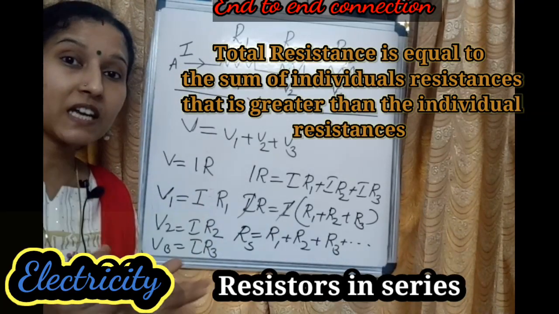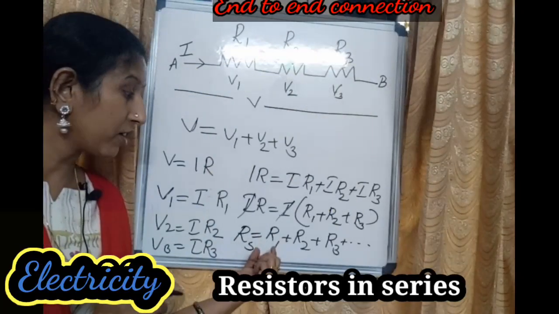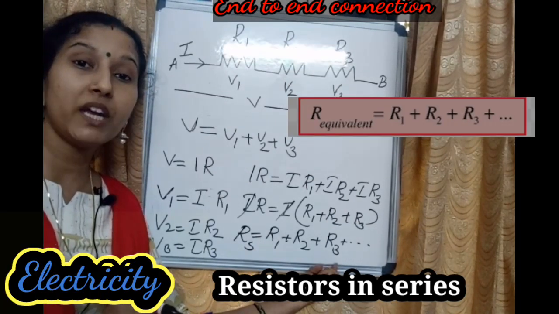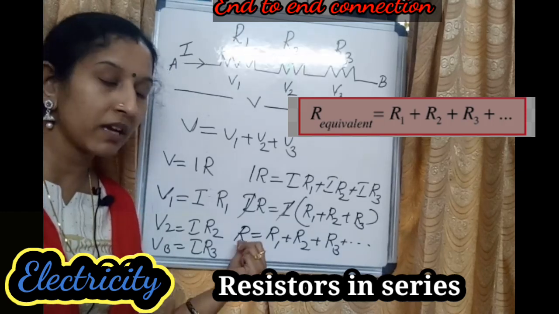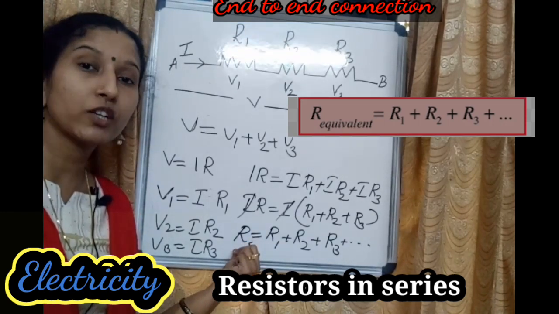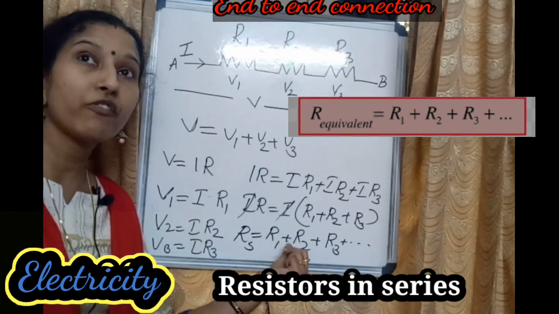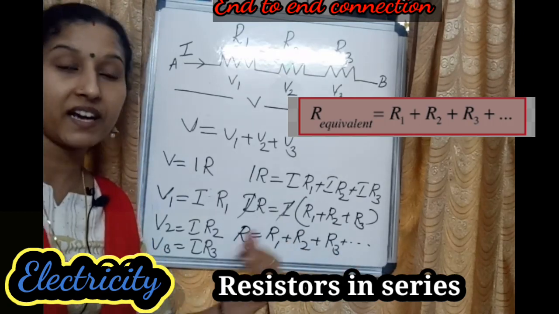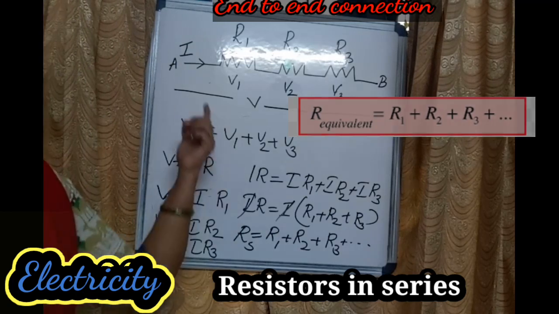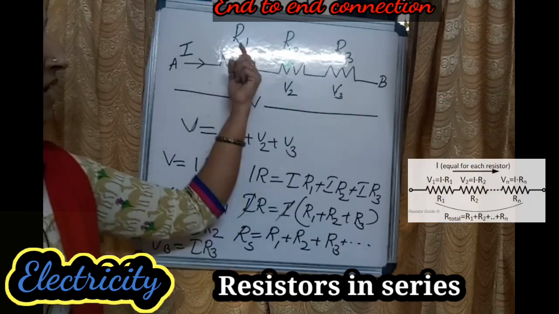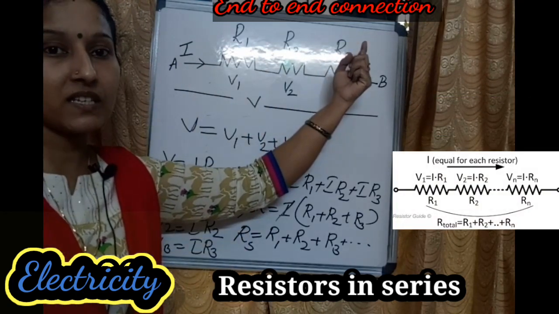In series connection, R is equal to R1 plus R2 plus R3. Total or resultant, same meaning. So the resultant resistance or the total resistance is the sum of individual resistances, and it is greater than the individual resistance. Okay, so here you can see R1, R2 and R3 connected in series.